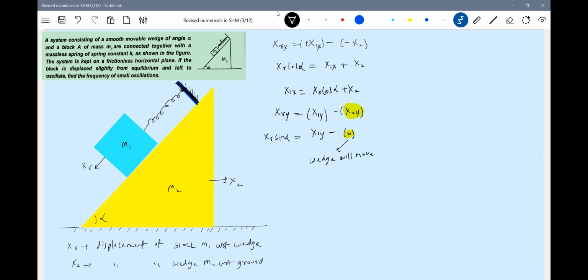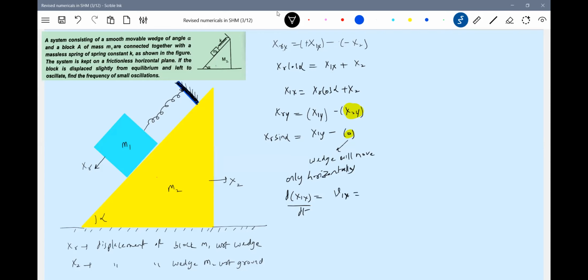The wedge will move only horizontally. That's why it is 0. So I got x1y and x1x. If I differentiate these, dx1x, what do I get? The speed of the block with respect to ground along x-axis.